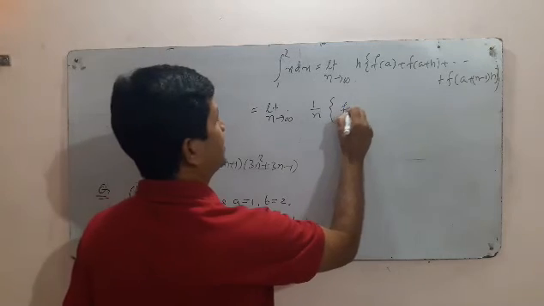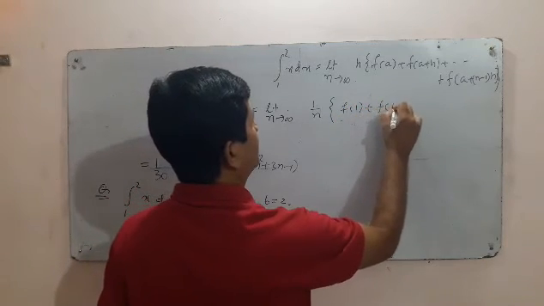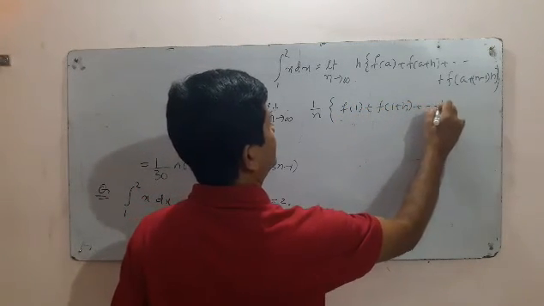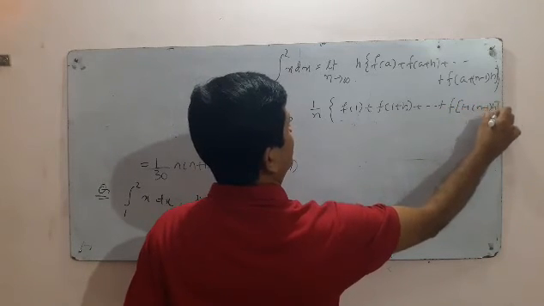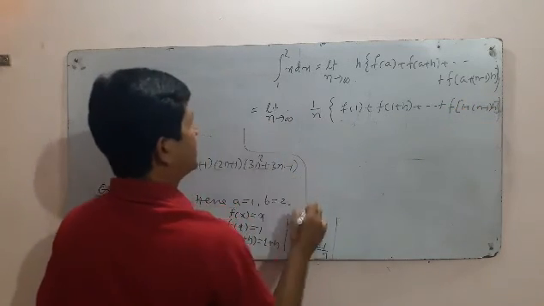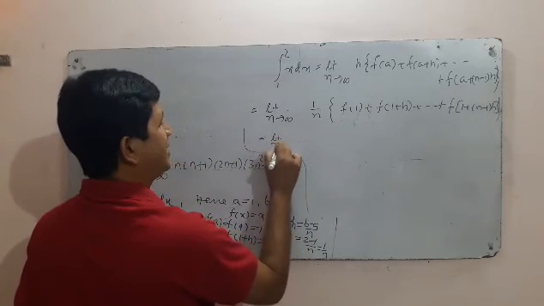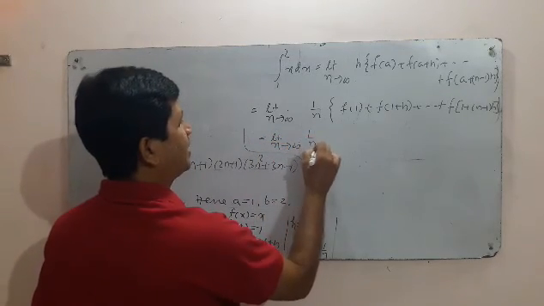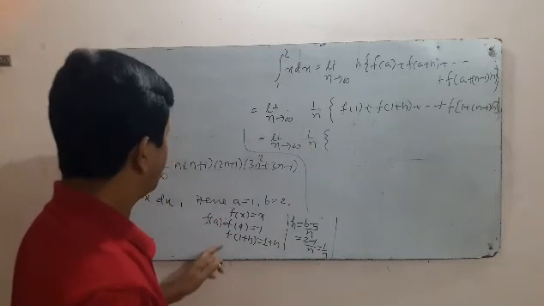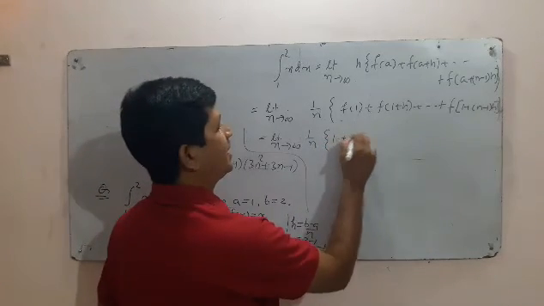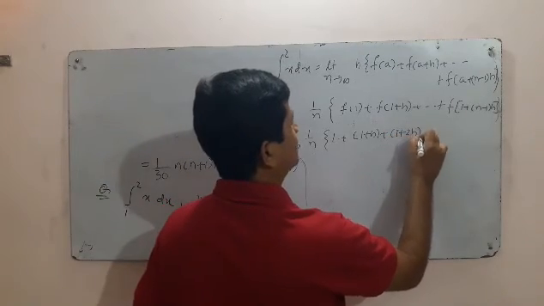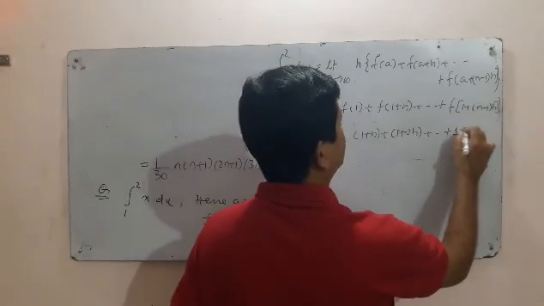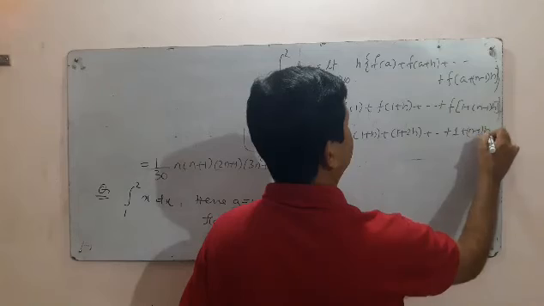So f of 1 plus h plus dot f of 1 plus n minus 1 into h, right? That is equal to limit n tends to infinity 1 by n. f of 1 is 1, and it is 1 plus h, then 1 plus 2h plus dot 1 plus n minus 1 into h, right?